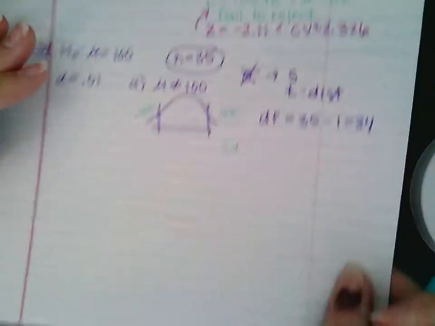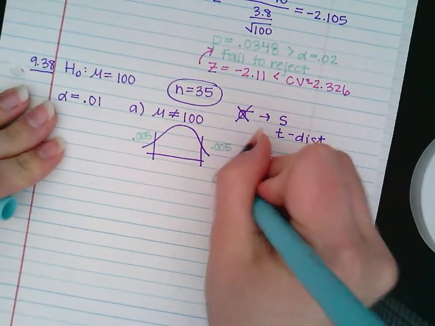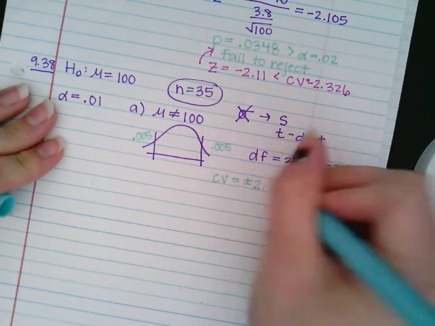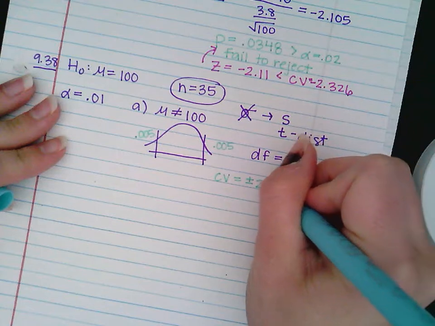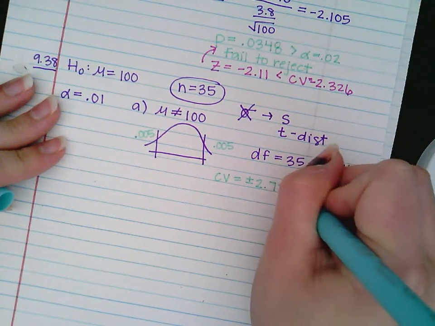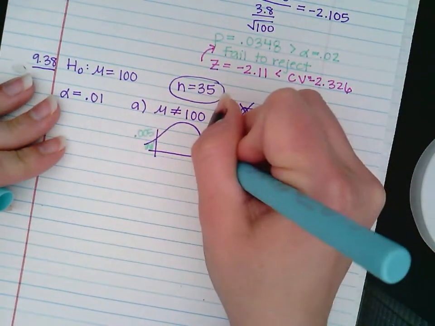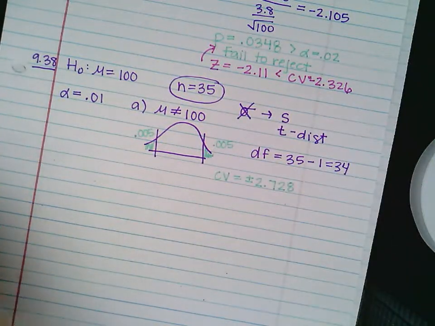So my critical value here is plus or minus 2.728. And I'm going to go ahead and shade in that rejection region here.